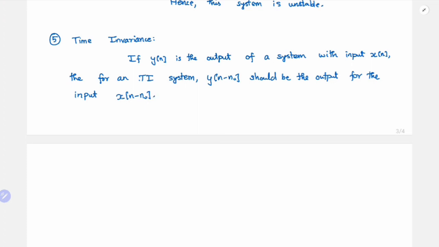So if your input is shifted in time, then your output should also be shifted in time by the same amount. That is what it means.